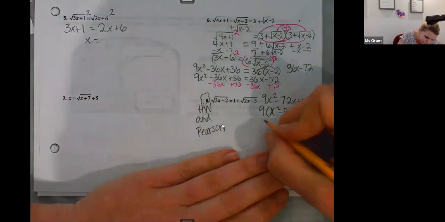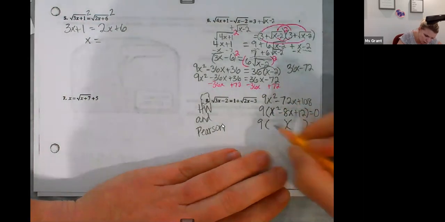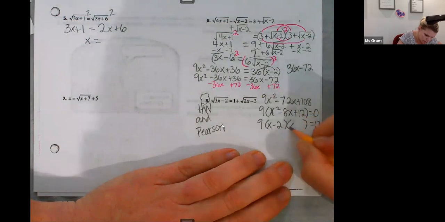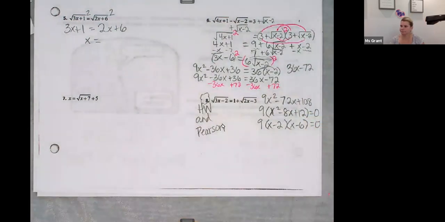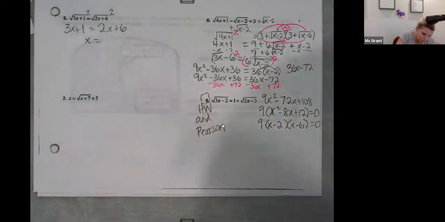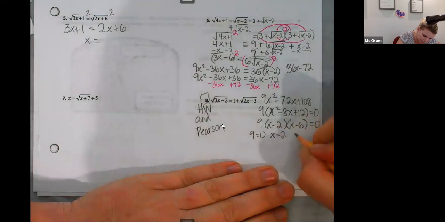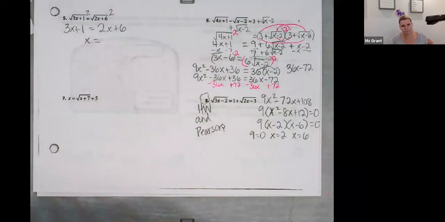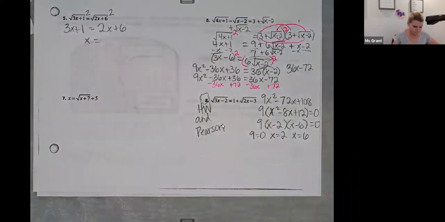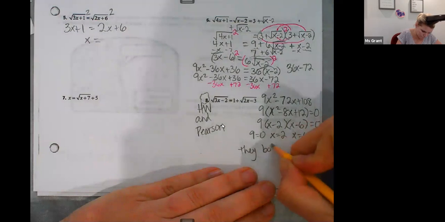And factor: x minus 2, x minus 6. Well, set everything equal to 0 and solve. And yes, they both work.